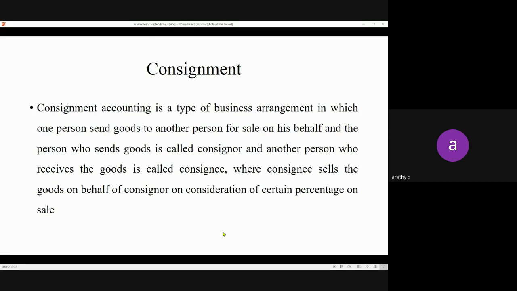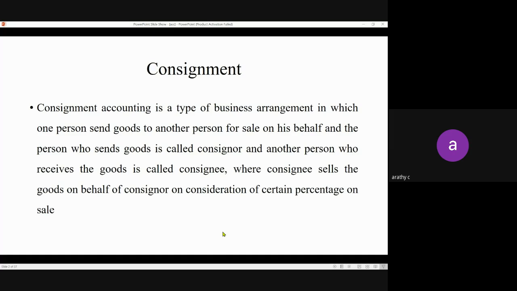Consignment is a type of business arrangement in which one person sends goods to another person for sale on his behalf. The person who sends goods is called a consigner and the person who receives the goods is called a consignee.